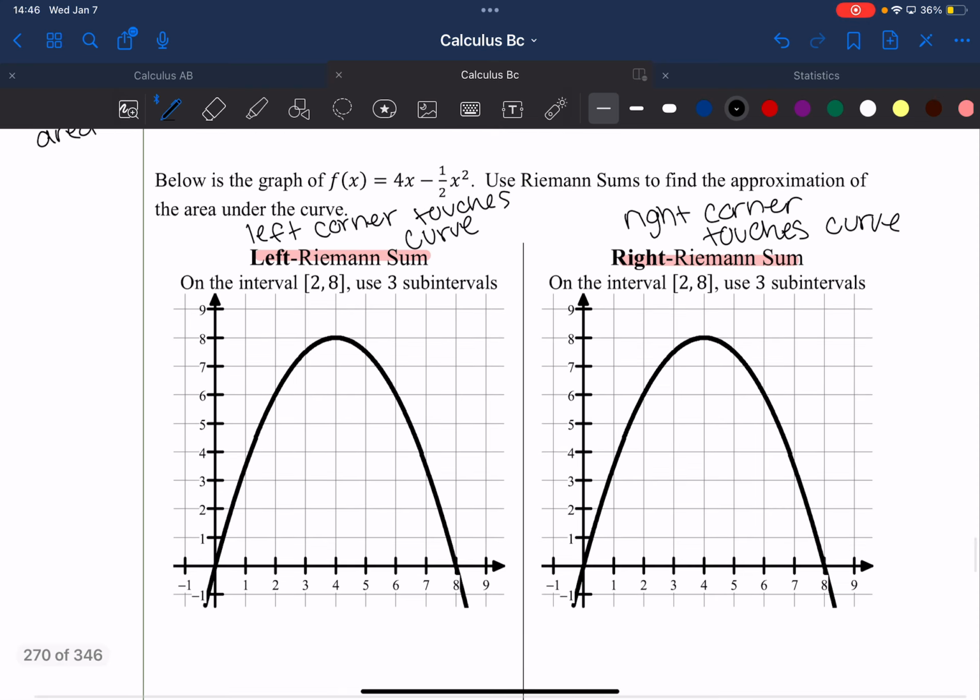So in these examples, they give us the interval 2 to 8. So what I'm going to do first is make sure I highlight that interval of what the actual area would be, and I'm going to do that on both graphs. Okay, so this is ideally the actual area, what we're trying to achieve.